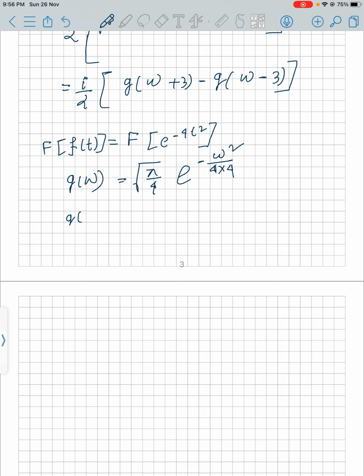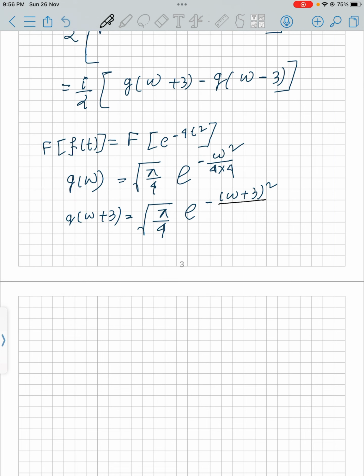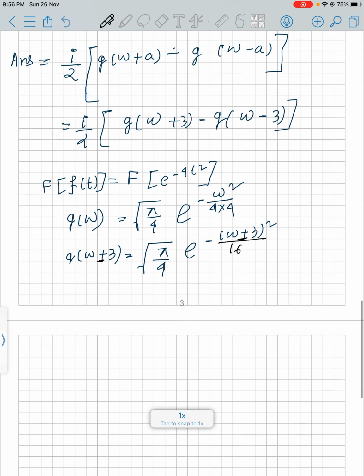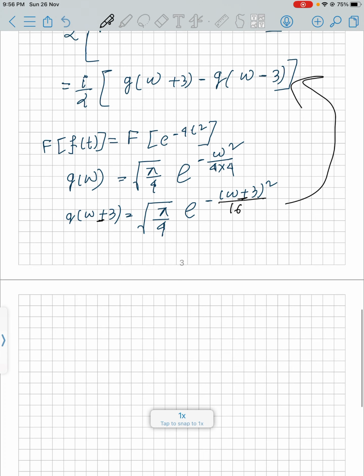So g(omega plus 3), you can calculate what will be g(omega plus 3). E to the power minus (omega plus 3) whole square by 16. You can also find g(omega minus 3) with the minus sign like that. So put this in this formula and you will get the answer. So what will be the answer?